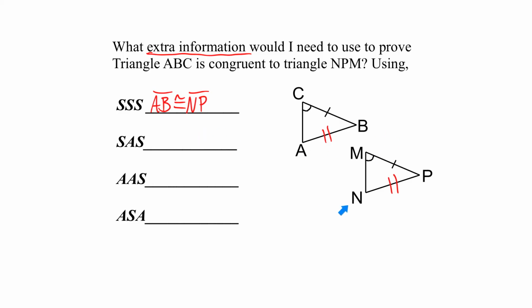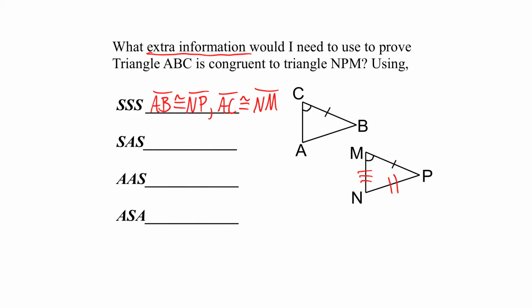Is that enough to be able to use SSS? No. What else would I have to know? AC. Okay, good. I would have to know that AC is congruent to NM. Now, would that be enough to use SSS? Yes. That gives me my three congruent sides.